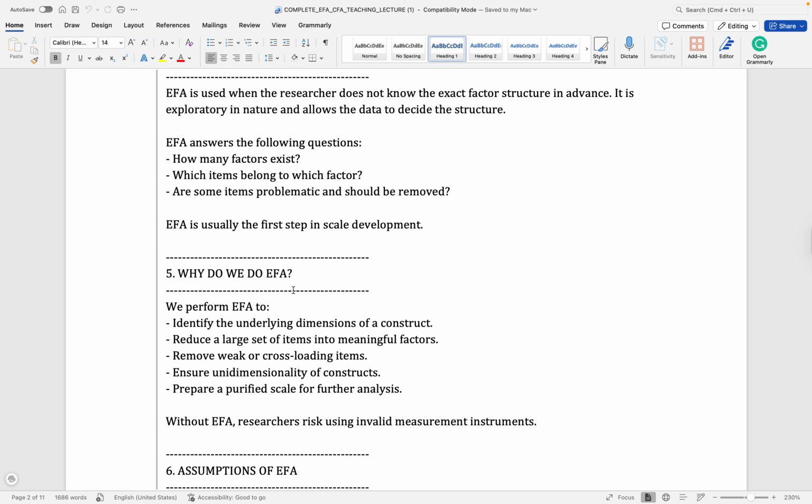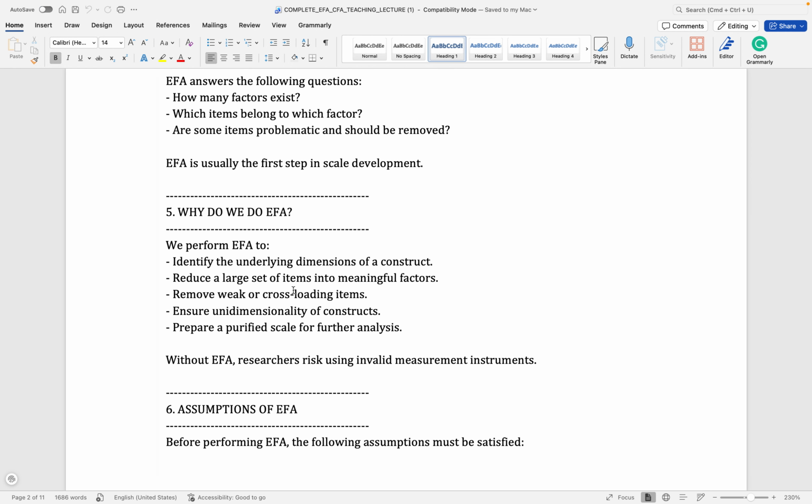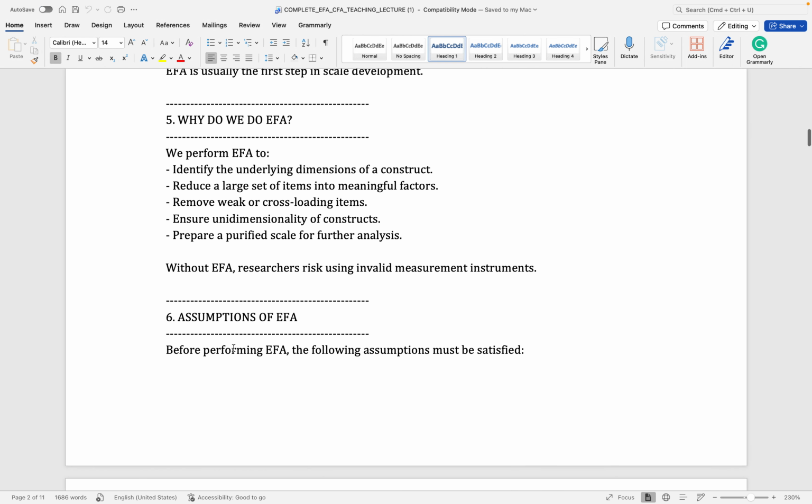Why do we need EFA? We perform EFA to identify the underlying dimensions of a construct, reduce a large set of items into meaningful factors, remove weak or cross-loading items, ensure unidimensionality of the construct, and prepare a purified scale for further analysis.